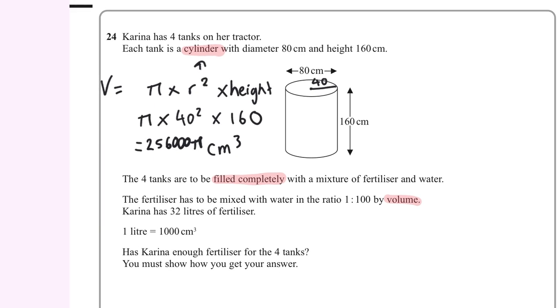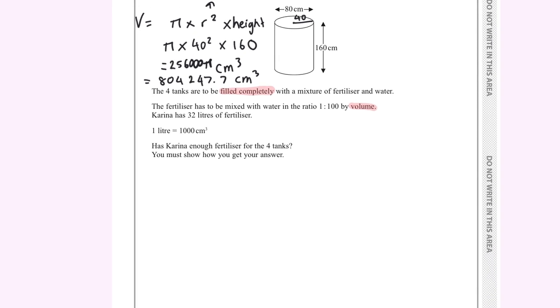It's huge. Okay? It's a big number. Actually, let's put both. Why not? 804,247.7 centimetres cubed. Okay, and that's it, that's the volume. So if you're filling it to the brim, that's as far as we can go.